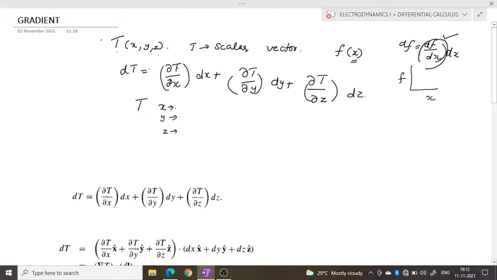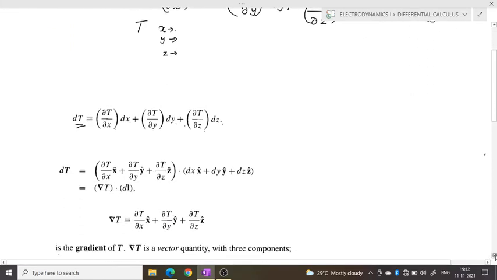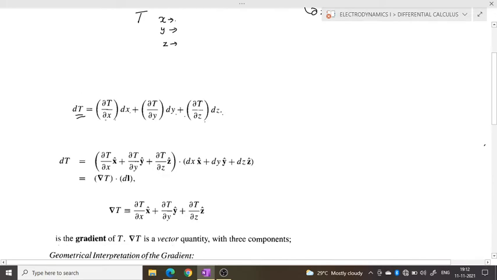So this is the differential of a scalar function t with respect to x, y and z. So this derivative dt is equal to dou t by dou x into dx plus dou t by dou y into dy plus dou t by dou z into dz. Now we split this term dt into two forms.